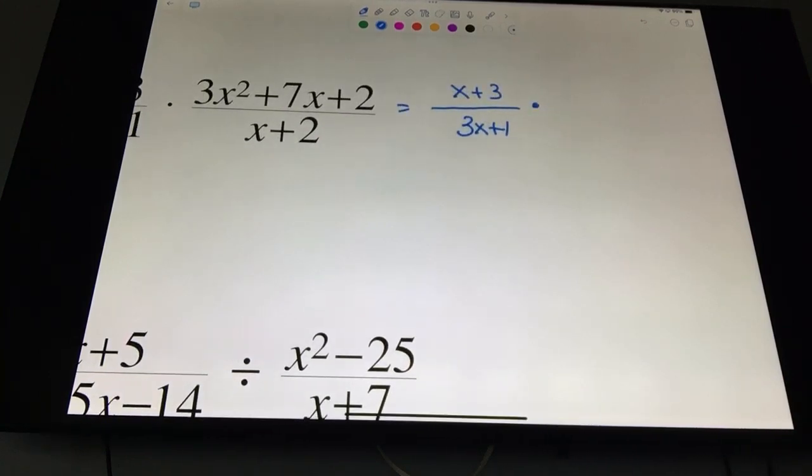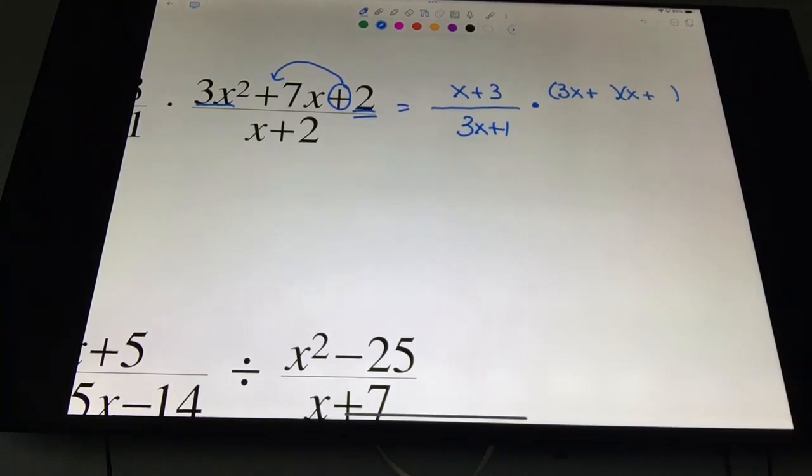Then I have 3 terms. Is there a common factor to all 3 of those? No. 3 terms then are trial and error, like from our test and our first quiz. So 3x squared is 3x and 1x. My signs are going to be the same, so I'm going to look in the middle, plus and plus.